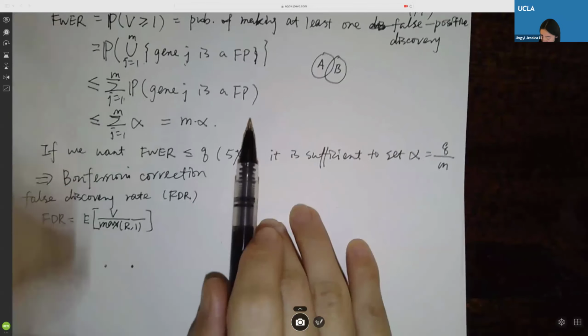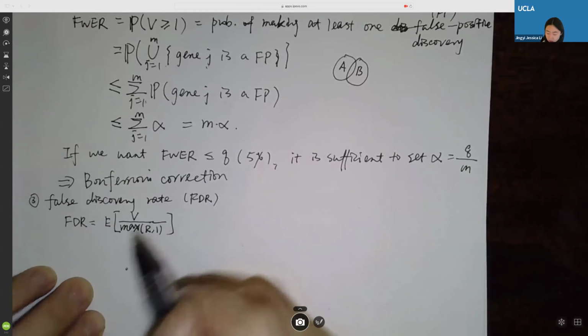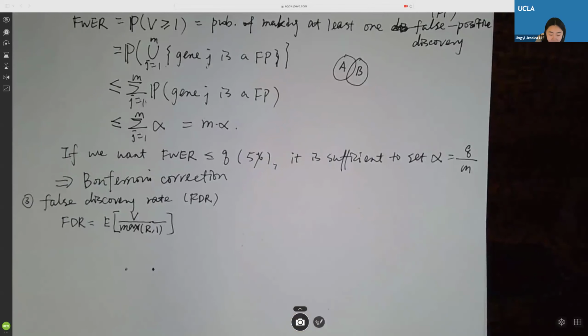Now, why do we need to put this maximum of R and 1 in our denominator? The reason is that we don't want a division by 0 issue. What if we have 0 discoveries? Then R and V are both 0, and we have 0 divided by 0, which is not mathematically valid. So we want to avoid that.